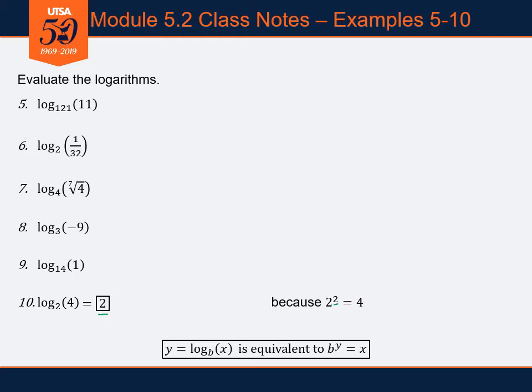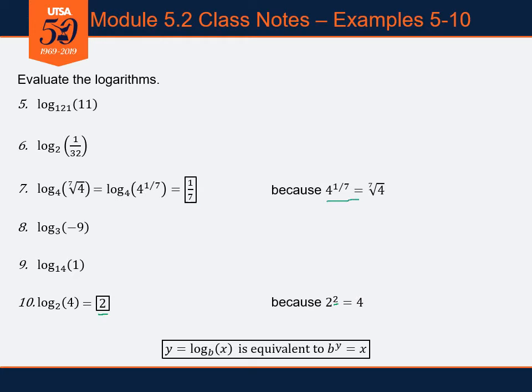Let's look at another one and let's skip back up to question number 7, where we have log base 4 of the 7th root of 4. So the question is, what power of 4, base 4, gives you a result of the 7th root of 4? The 7th root of 4 is 4 to what power?